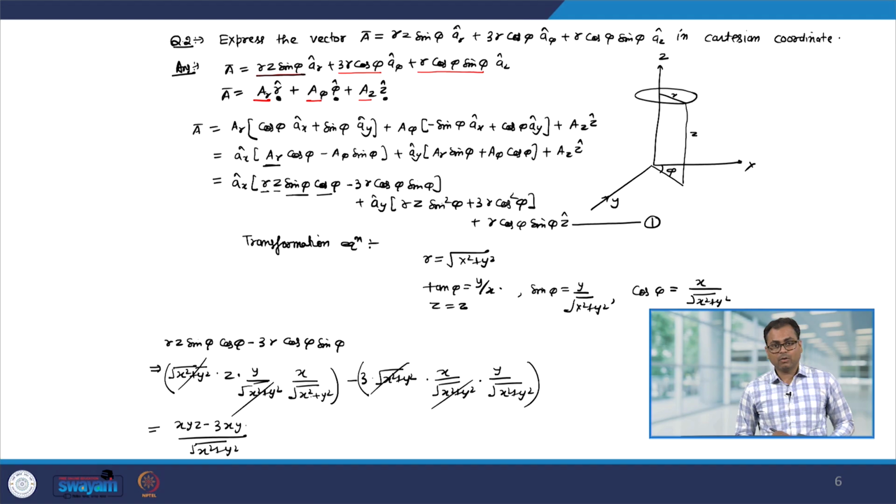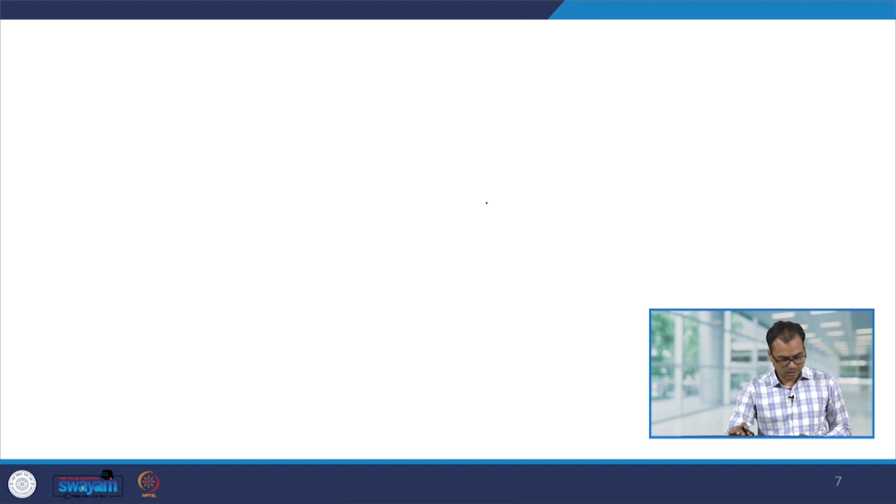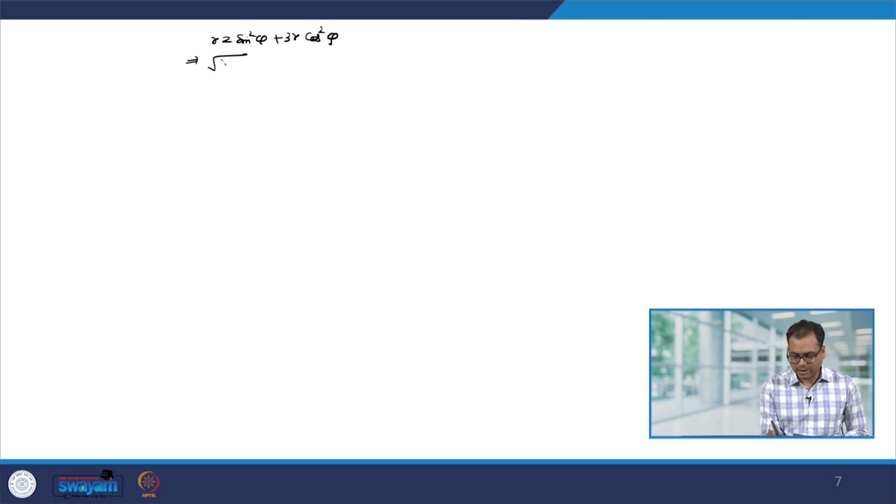Similarly, we can find the coefficient of ay cap, which is rz sin square phi plus 3r cos square phi. So let us find that. We have rz sin square phi plus 3r cos square phi. Again r is square root x square plus y square, z is as it is, and sin square phi is y square over square root x square plus y square multiplied by square root x square plus y square.